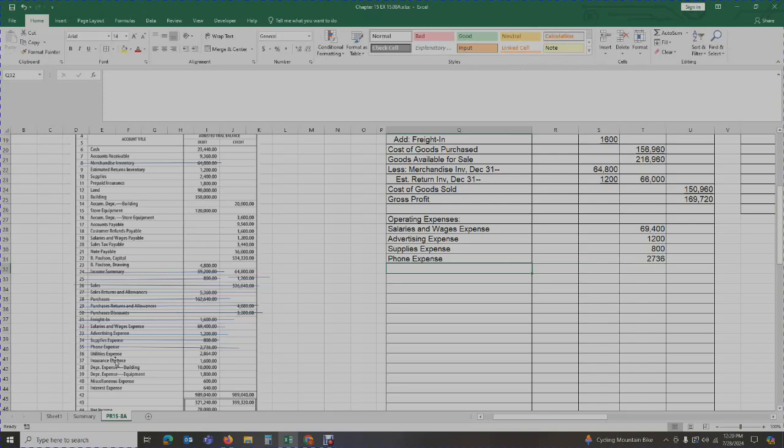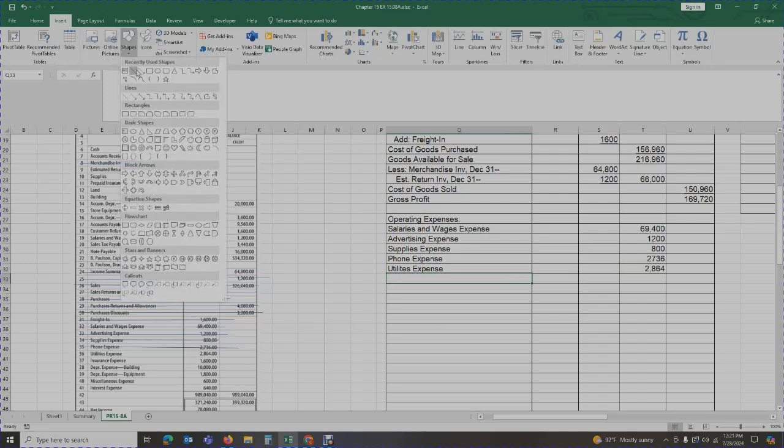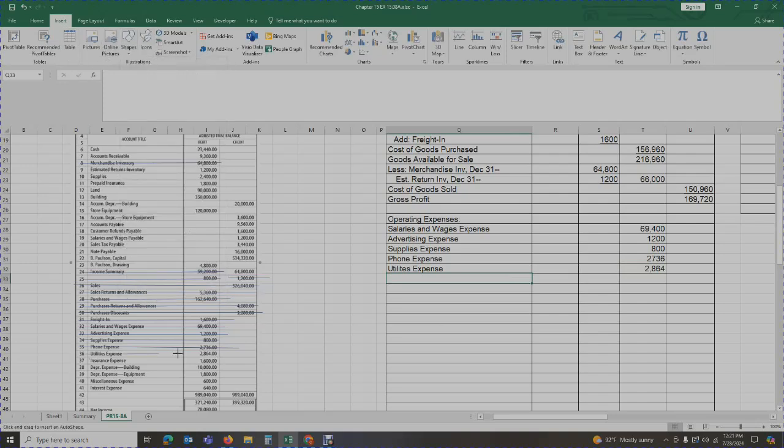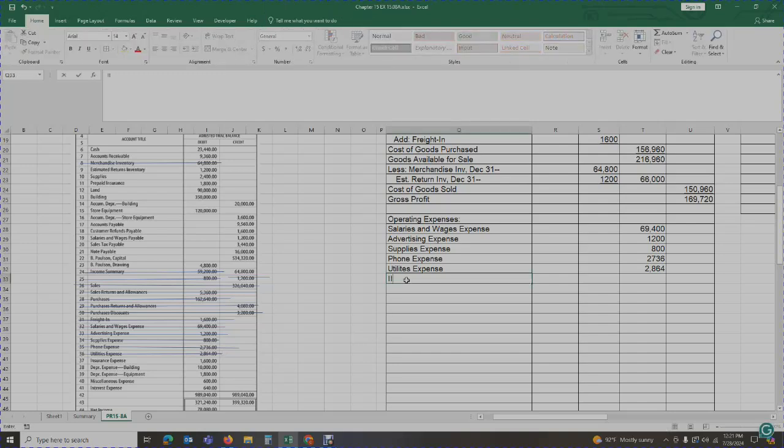Then we've got utilities expense. For utilities expense, we've got $2,864. Okay. And then we have insurance expense. So we're just bringing in all of our operating expenses.